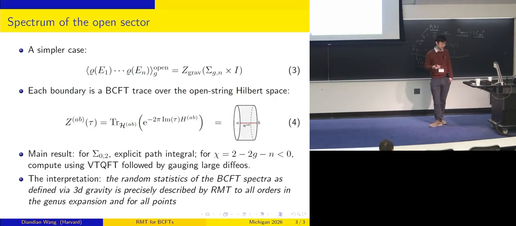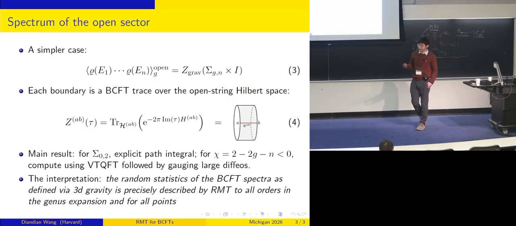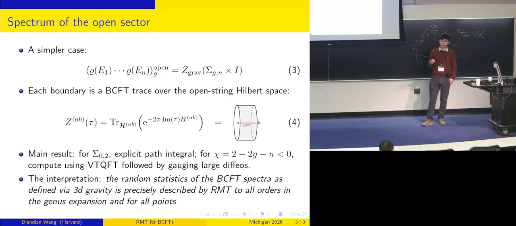That's not exactly the right answer because gravity differs from Virasoro TQFT, in particular on these off-shell manifolds, by large diffeomorphisms. So you have to gauge those large diffeomorphisms explicitly, but once you've done that, you get exactly the right answer. Finally, the conclusion is that 3D gravity on these manifolds is precisely described by a single random matrix theory, namely a Virasoro minimal string. That's all I want to say. Thank you.